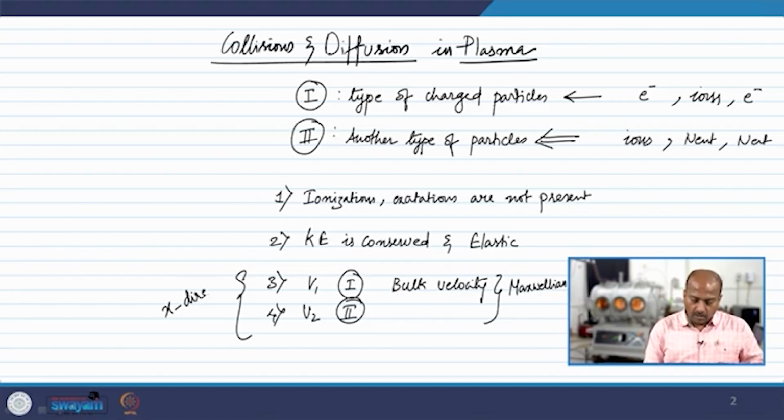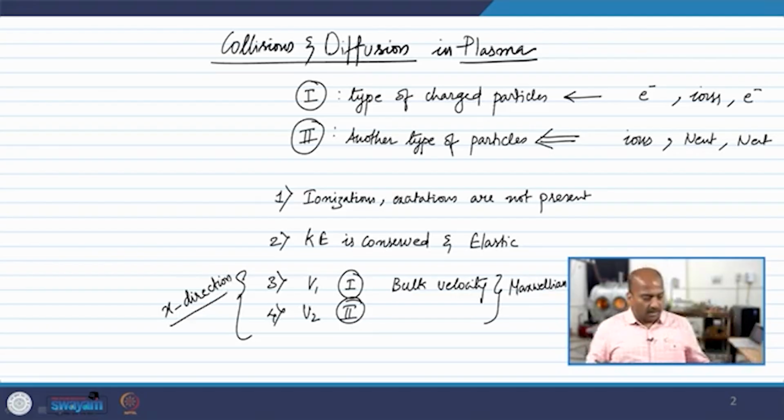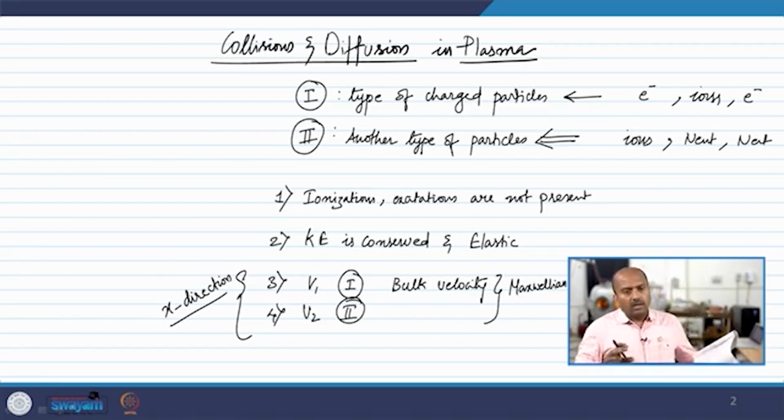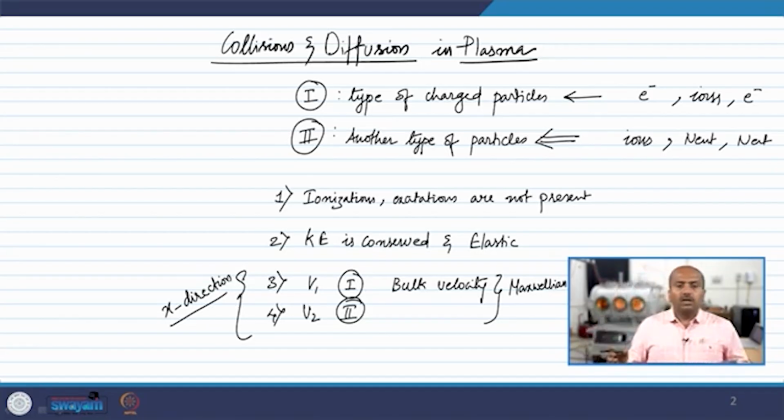So, we are considering a picture which is oversimplified, which is just in the x direction. So, obviously, when the particles collide, the transfer of bulk momentum happens in the x direction, and when this bulk momentum transfer is happening, this will be in such a way that the individual particle velocities do not really matter.